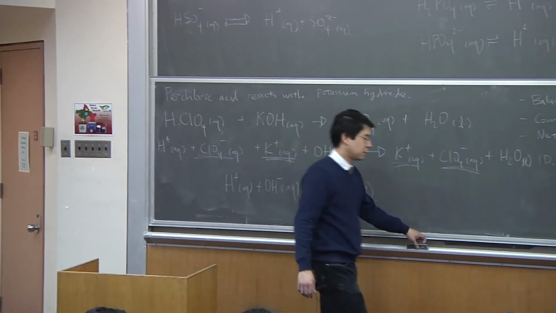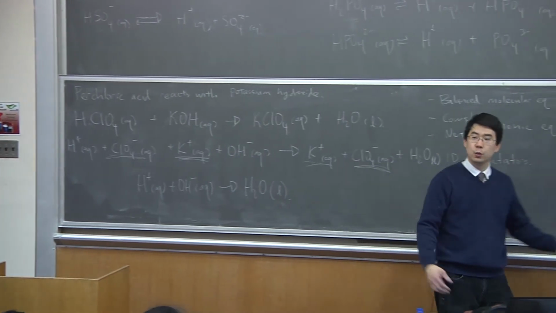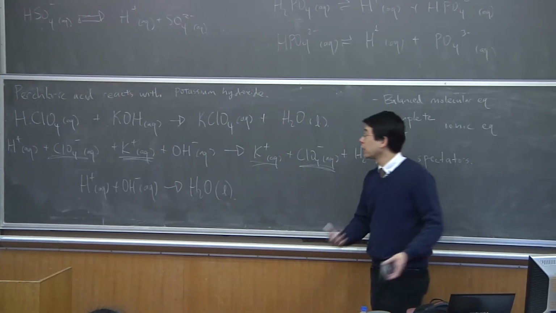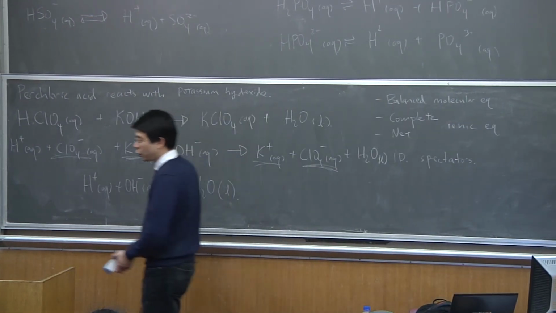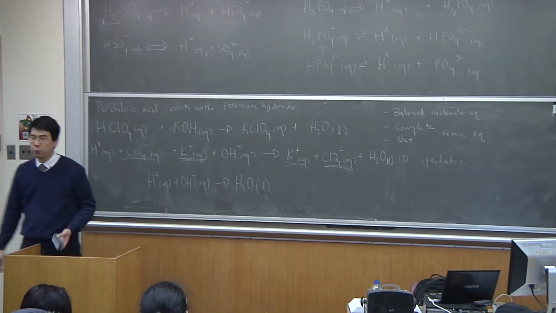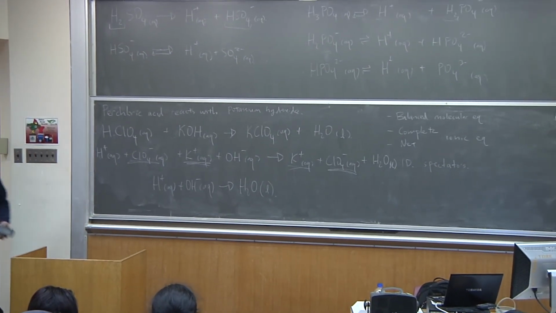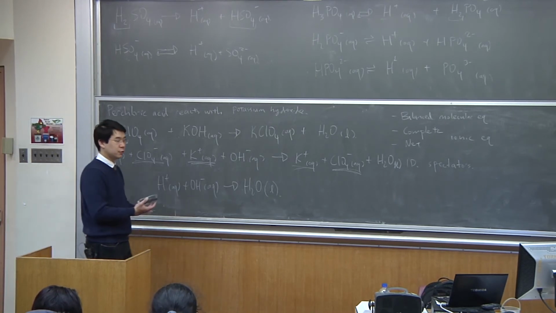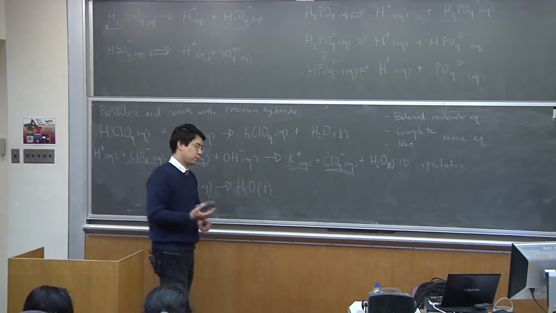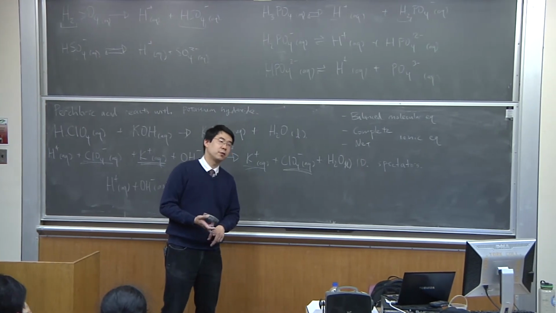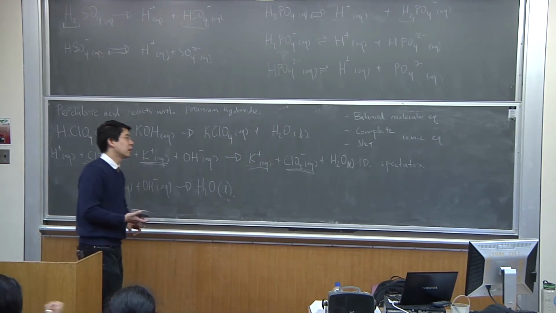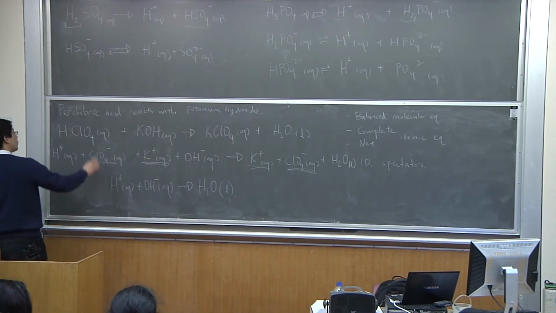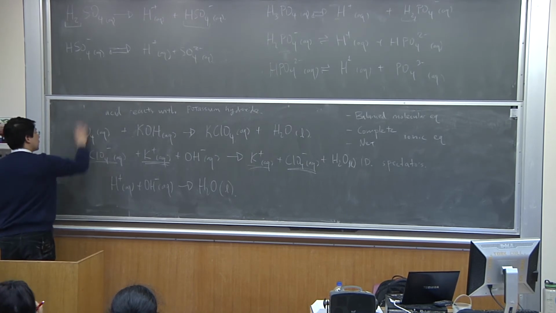Some of you asked back in chapter 3, are we going to have to know if you mix this and that, what are you going to get? I said most of the time no, except when yes, right? And so now you know what the when yes is. You need to be able to get your precipitation products, get your acid-base neutralization reactions, and then now we're going to start doing calculations.